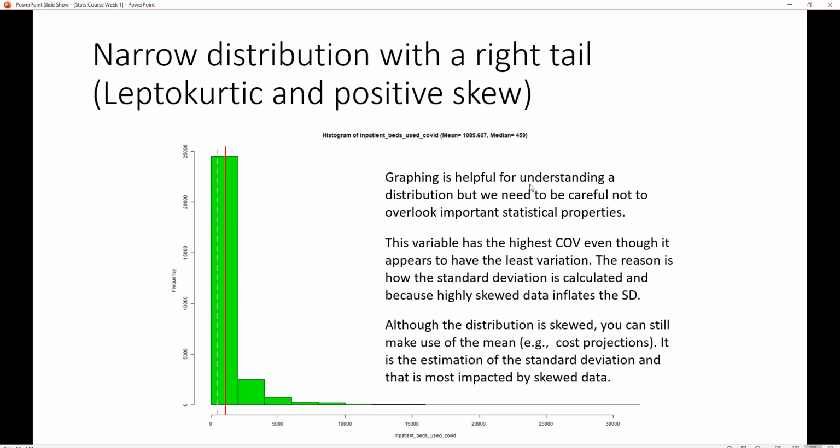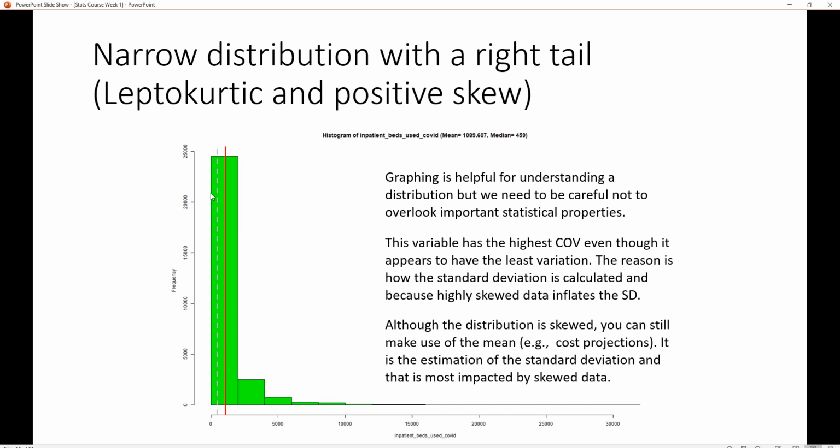Graphing is helpful for understanding the distribution, but we need to be careful not to overlook important statistical properties. This variable has the highest coefficient of variation, even though it appears to have the least variation. It looks like a narrow distribution here. The reason is how the standard deviation is calculated, and because highly skewed data inflates the standard deviation.